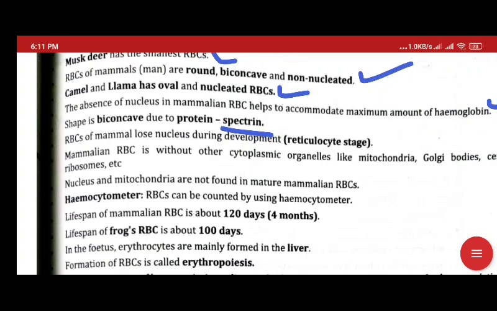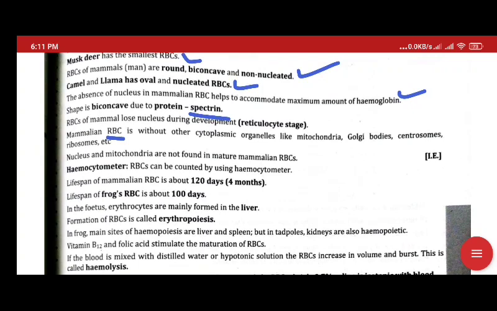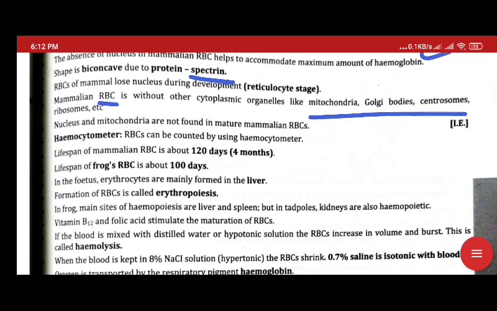Now in RBC of mammals, we have what? We have a deficiency of organelles, that is mitochondria, Golgi bodies, nucleus, etc. Now the nucleus is not present. A hematocytometer is used for counting how many RBC, that is 4.5 and 5.5 millions in male and female.